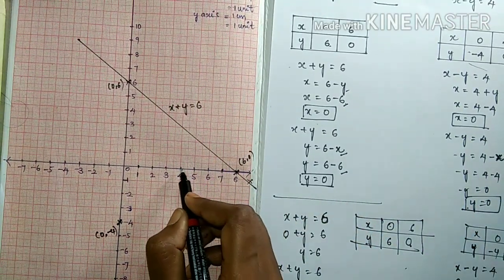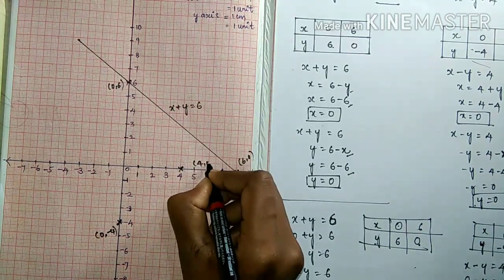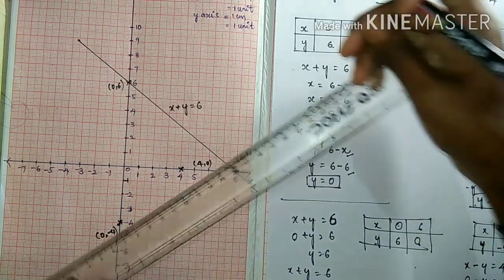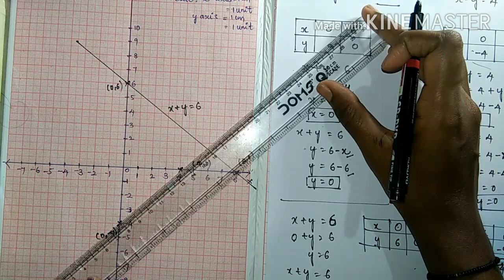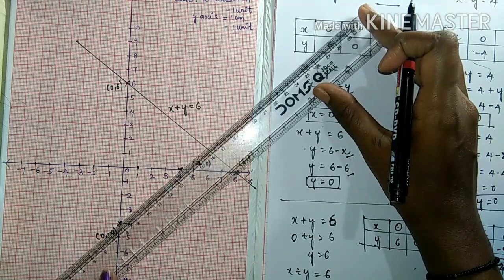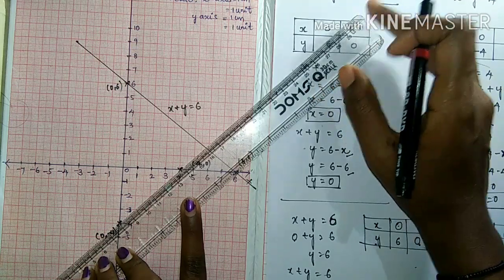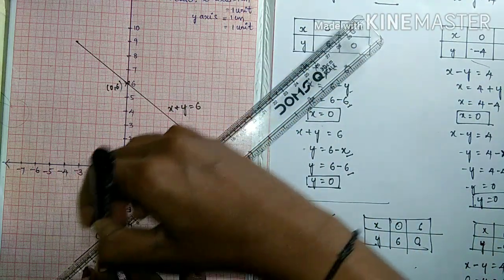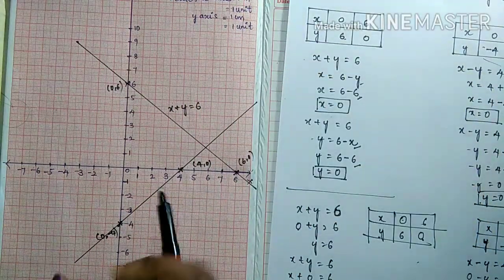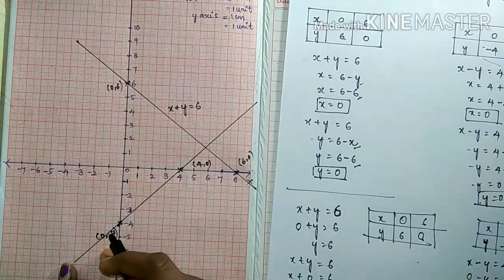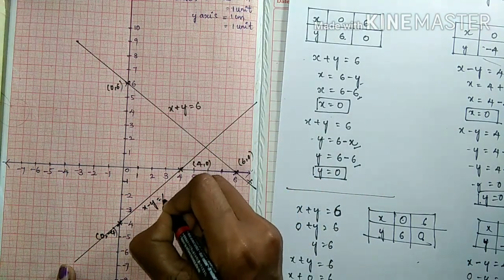On the x-axis it is 4, that is 4, 0. Now I will join these 2 points. After joining these 2 points, we have got the required line, that is x minus y is equal to 4.